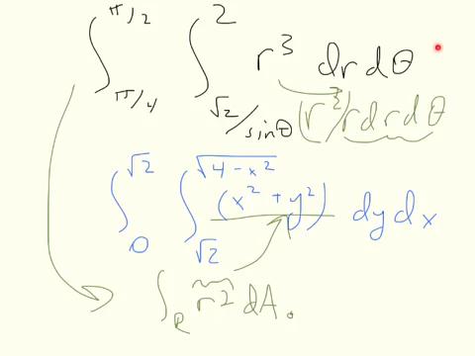Then we had to think about what dA was for this system, because we knew that dA was turning into dy dx. And finally, we had to think about the function and convert it from polar coordinates to rectangular. Those were all of the steps involved in converting this integral to rectangular.